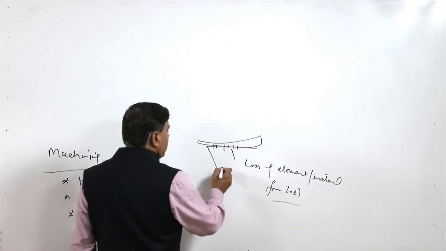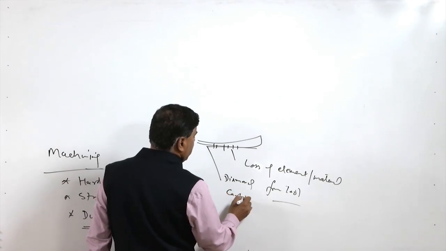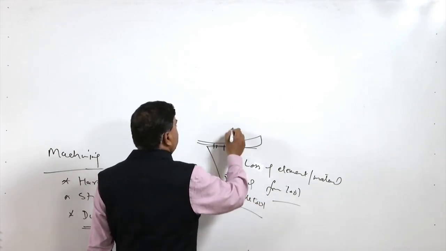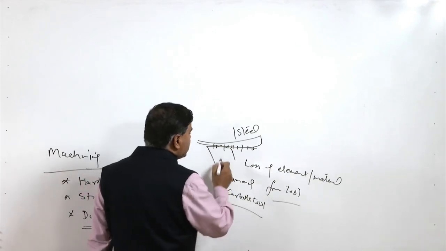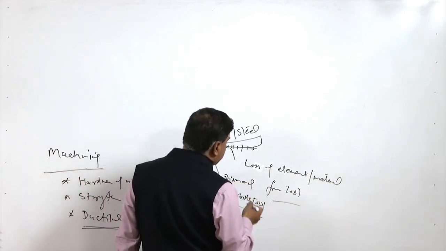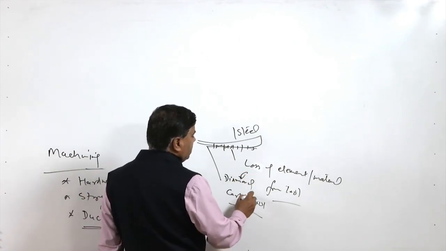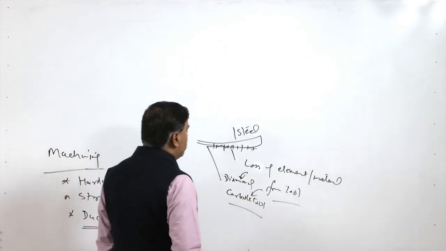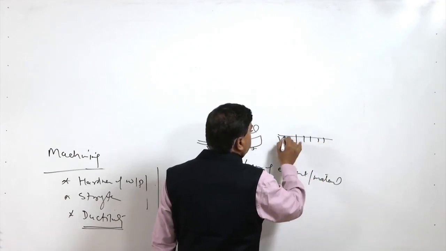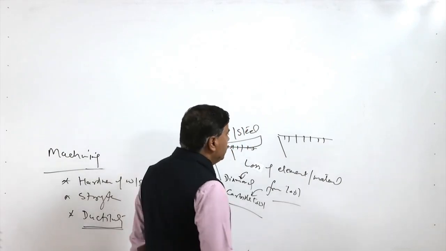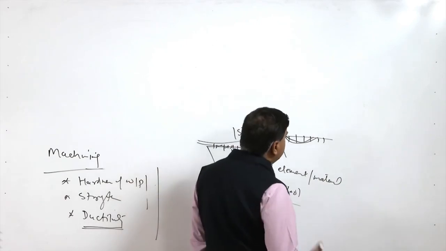For example, if diamond or carbide tools are used, then the steel interacts with the tool material and carries away some, and this interaction leads to the loss of elements in the form of carbon or the carbides which are there in the tool. The loss of these elements leads to a reduced or weakened zone of the flank or face of the tool, and this in turn leads to the formation of a crater on the face of the tool.